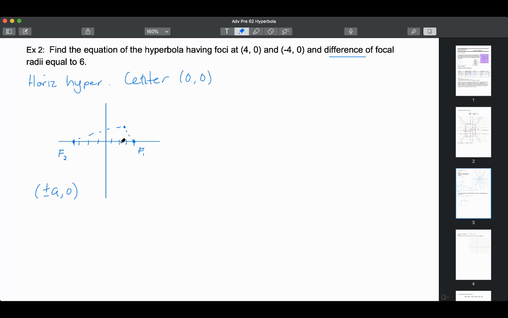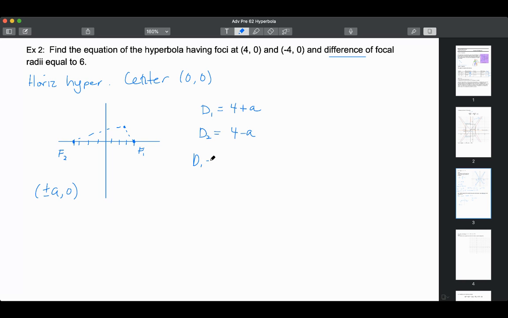So I know from this point, the biggest difference is going to be from foci 2. And that difference is going to be 4, because that's out at negative 4, plus a. So I could say difference 1 is 4 plus a. If I go from this vertex over here to foci 1, then my smaller difference is going to be 4 minus a, because that's how long that distance would be.